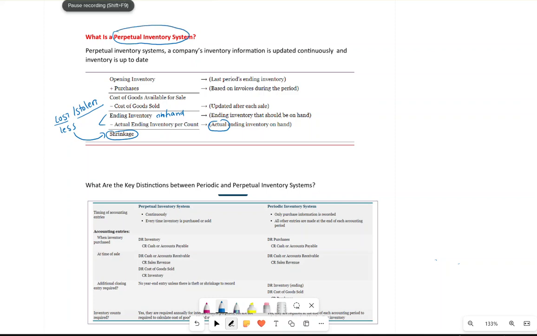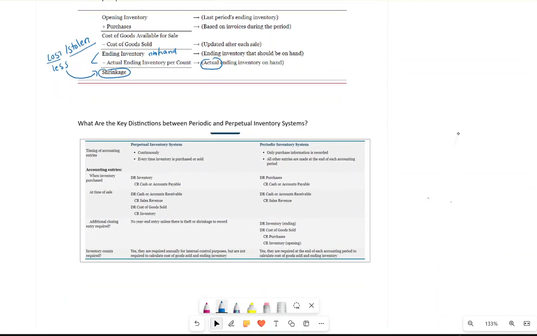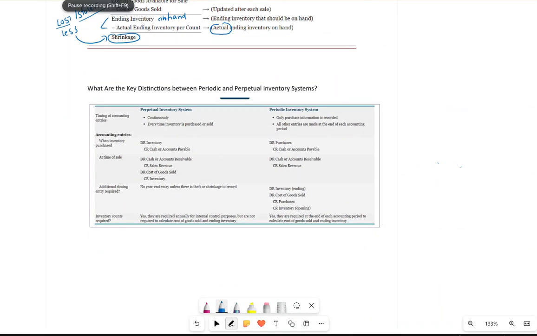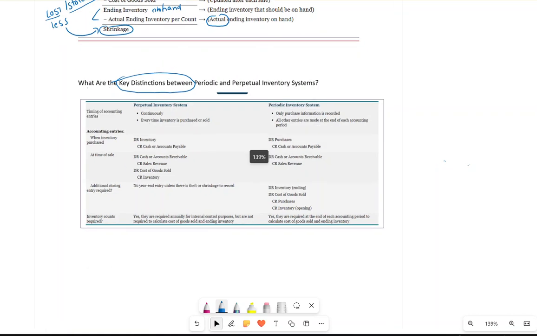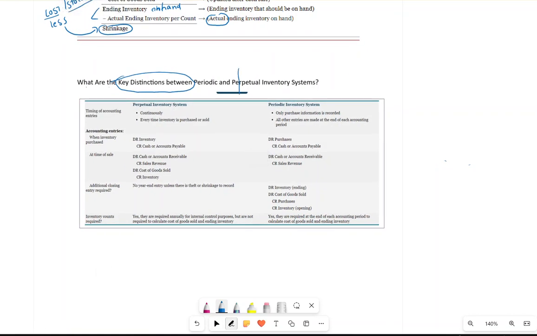So that's how we calculate the ending inventory under the perpetual inventory. The purpose of the perpetual inventory system is that the inventory gets updated automatically. Now, what are the key differences between the periodic inventory system and perpetual inventory system? This is when you do journal entries. Now we learned how to do journal entries when you purchase an inventory and when you sell an inventory.